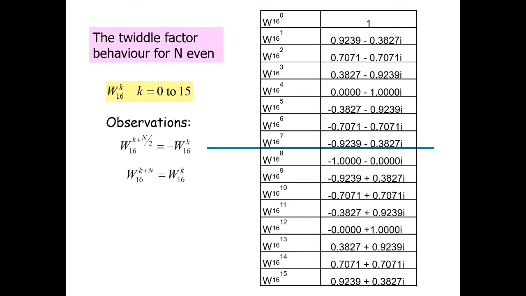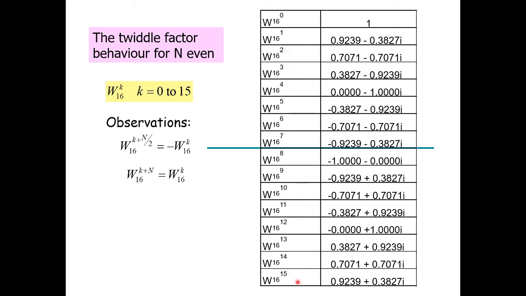The next property that you need to observe in particular is that these twiddle factors here repeat after you reach 16. So W16 of 15 here is going to be this value here, but when you do W16 of 16, it's just going to map back to W16 of 0, which is 1. So W16 of 17 will be W16 of 1. For W16 of 18, it's going to be W16 of 2 and so forth.